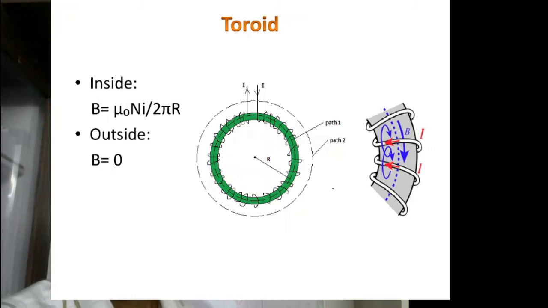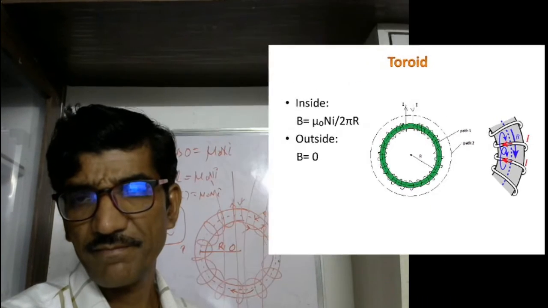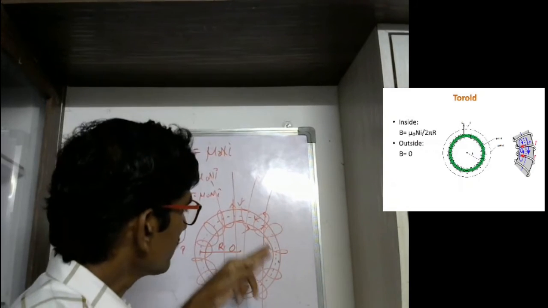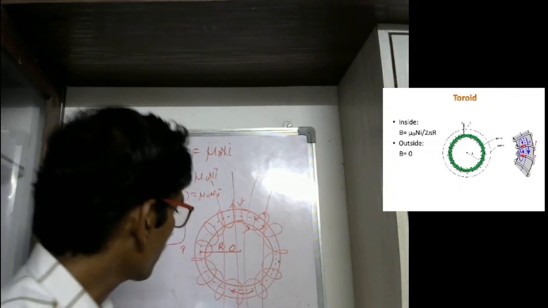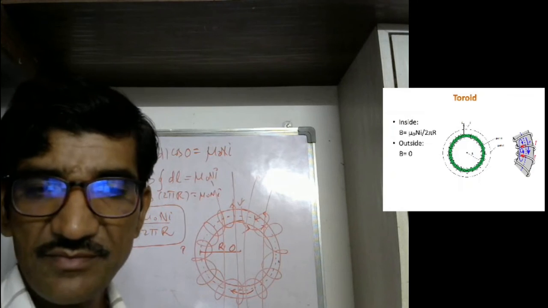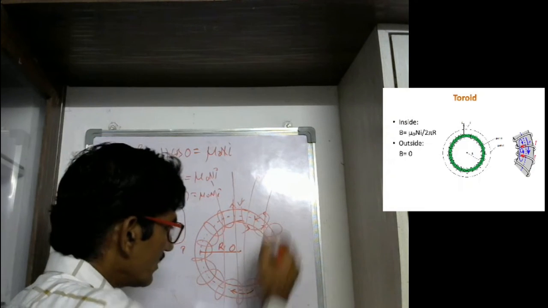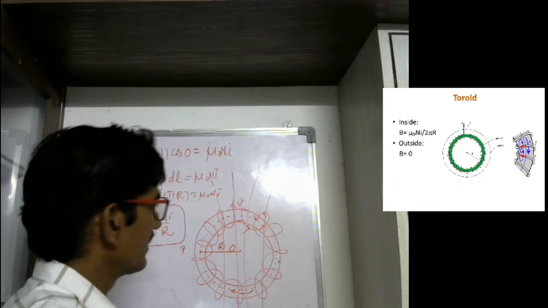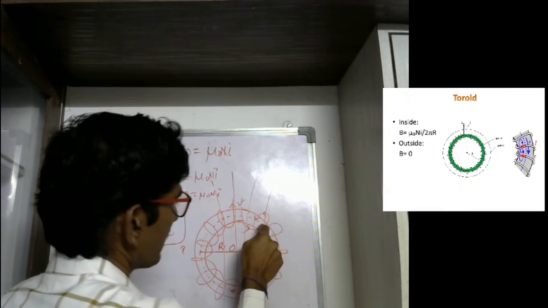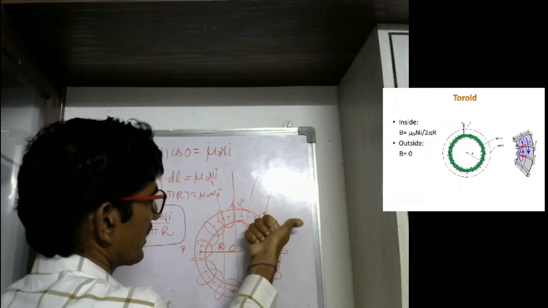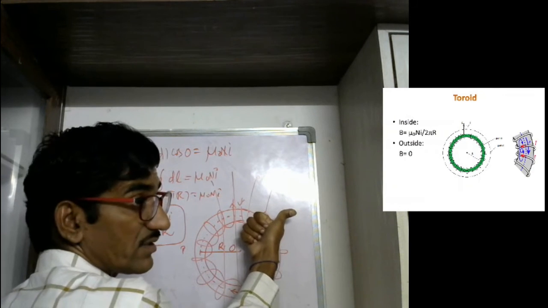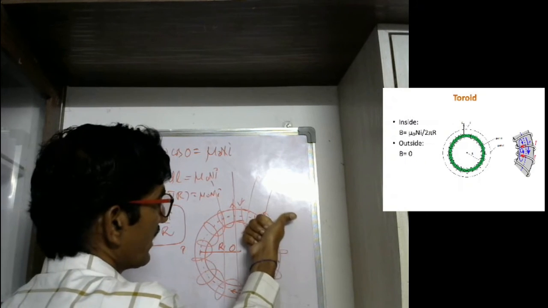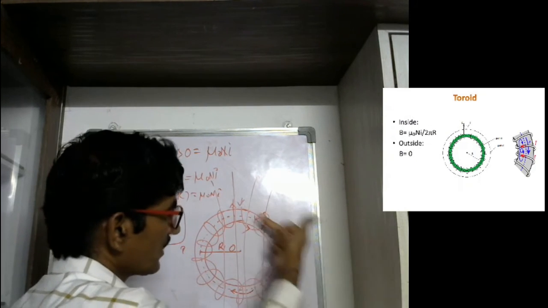In this figure, what will be the direction of B inside? Parallel to this dotted line. Suppose your current arrow mark is like this, then you take that turn into your hand and use the right hand rule. See how the field lines are going?